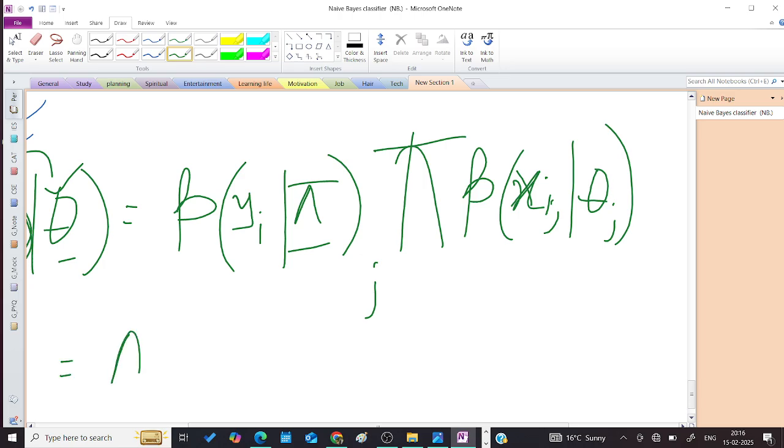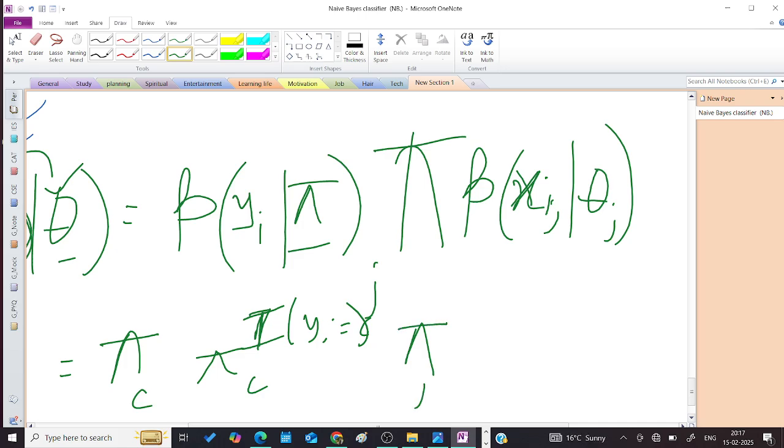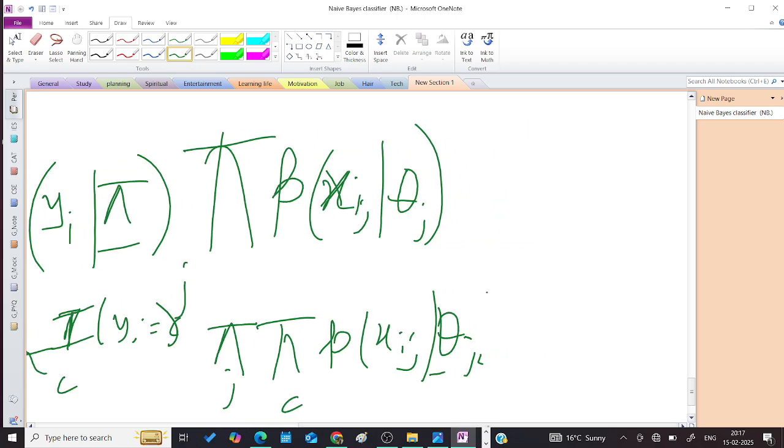so this is nothing but the multiplication of the product over c of the indicator function yi equals to c, times the product over j for all c of p(xij | theta jc), raised to the indicator function yi equals to c.